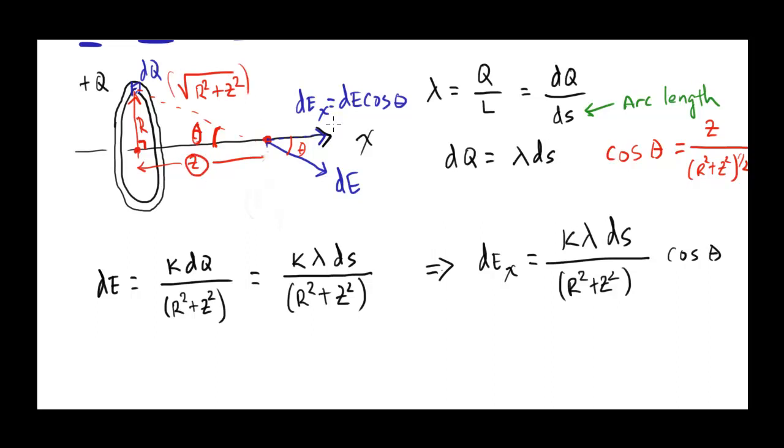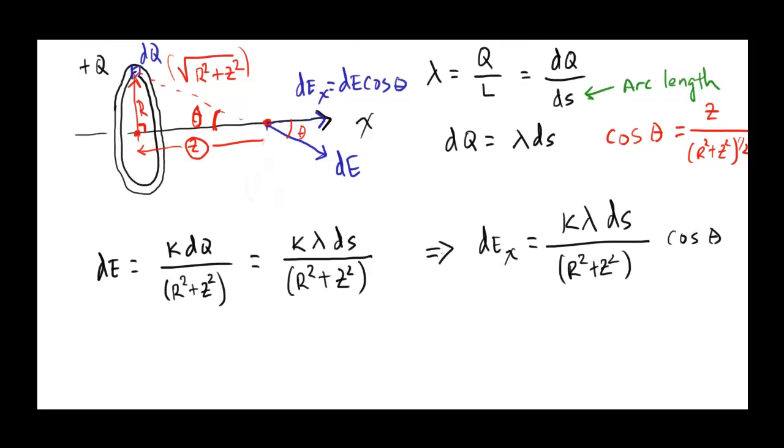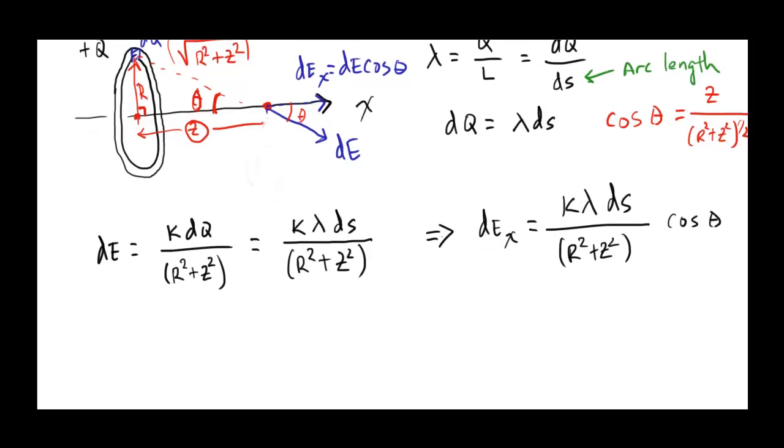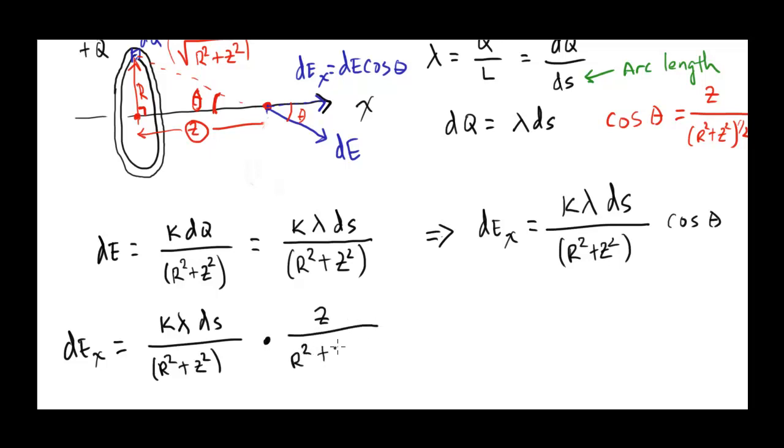That allows me to rewrite this, and I realize this is getting ugly, but I promise it will simplify. So we can now say dE in the x direction is k times lambda ds divided by r squared plus z squared, times cosine theta, where cosine theta is z divided by r squared plus z squared to the power half.